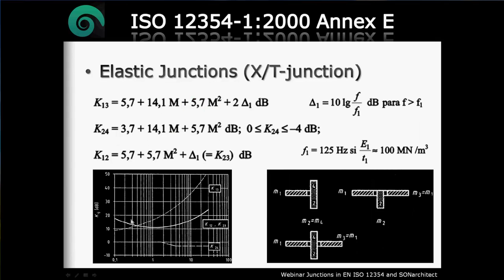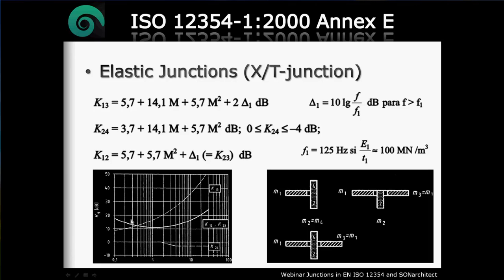Okay, then we go to another completely different model, which are those junctions where we can find an elastic interlayer between the elements. I will not get into detail on this because it would take quite a lot of time, and maybe we can go to more interesting stuff.